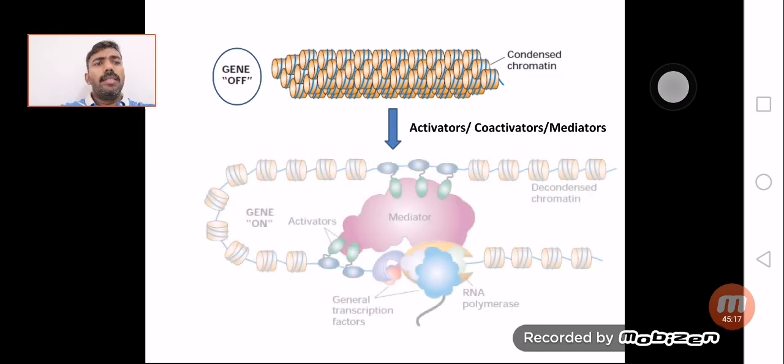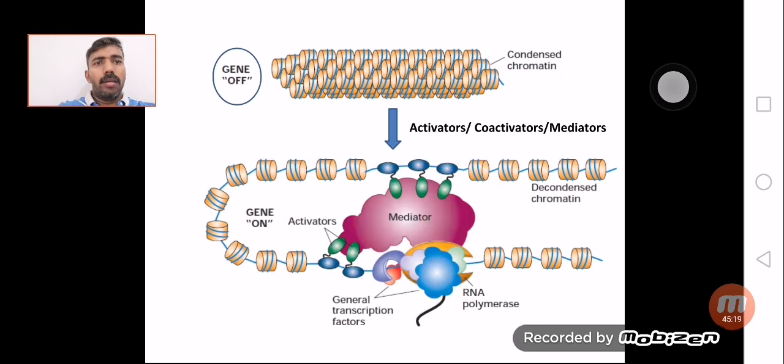So all these molecules together will do the decondensation. So the decondensation is important, and only the decondensed chromatin can undergo the transcription process. So this is how the transcription begins in a eukaryotic system.